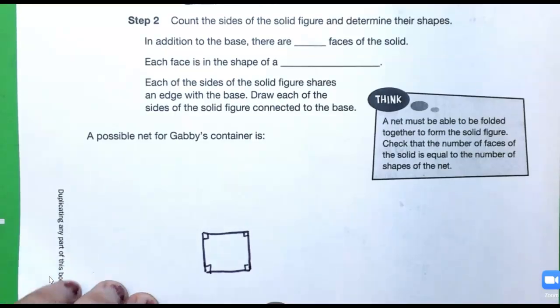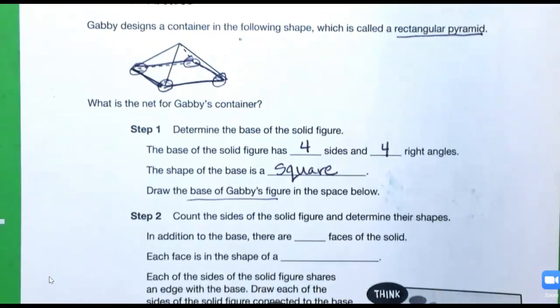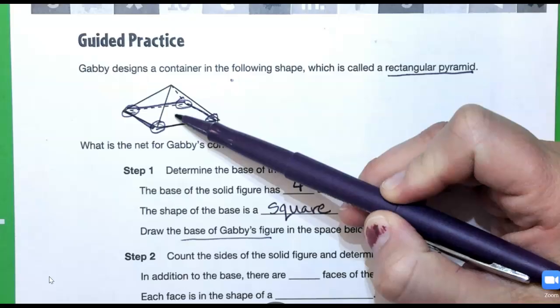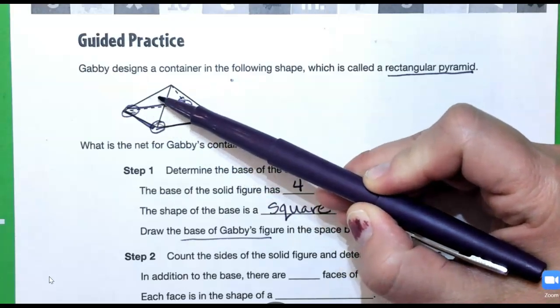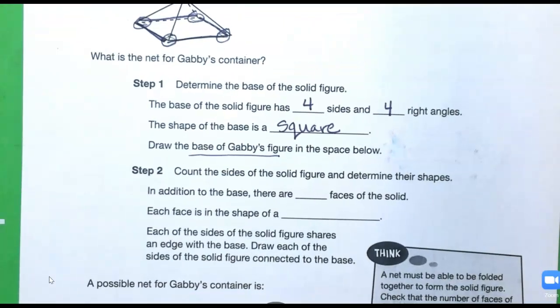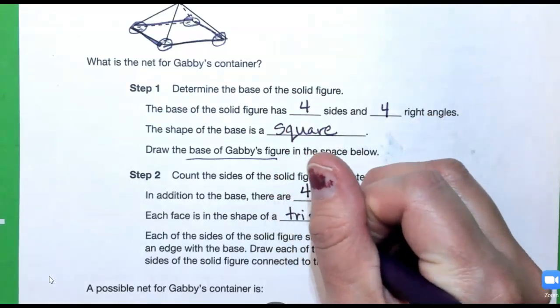Now, step 2 says count the sides of the solid figure and determine their shapes. Going back up to the original, we're going to count the sides. It looks like I have one triangle in front and one on the left side, one in the back, and one on the right side. So it looks like I have 4 faces, and they are all triangles.